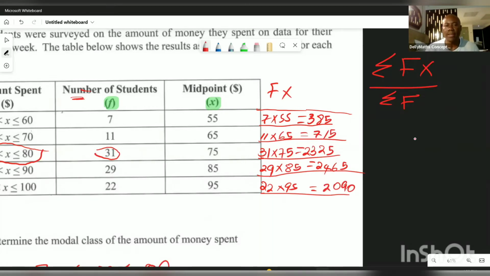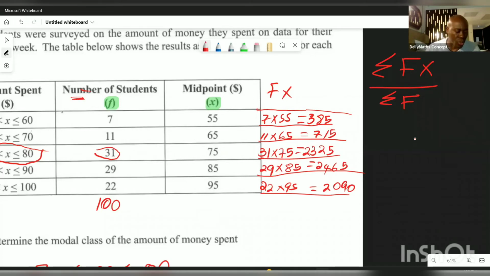Let us summarize. We already know the total for the f column because we're told it was 100. Now let's total up what we have here: 385 plus 715 plus 2,325 plus 2,465 plus 2,090.